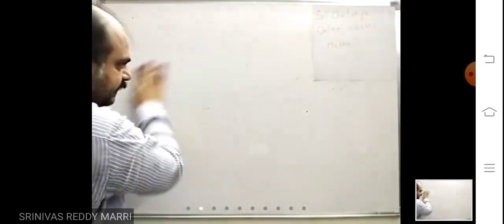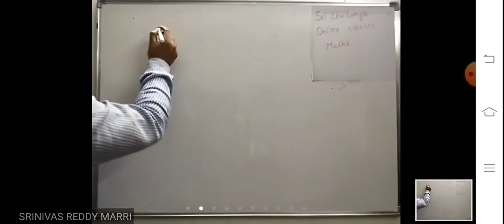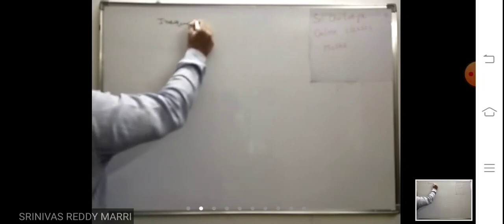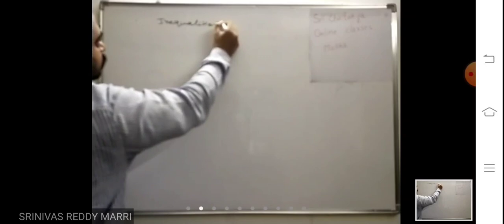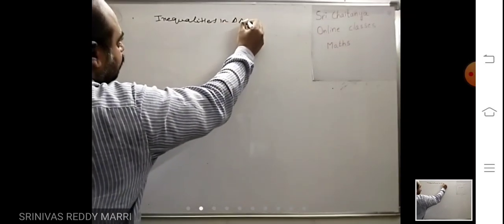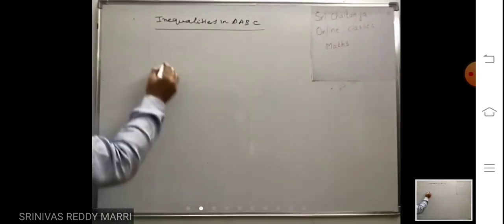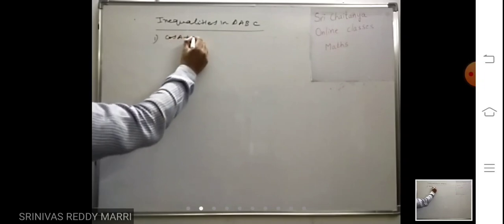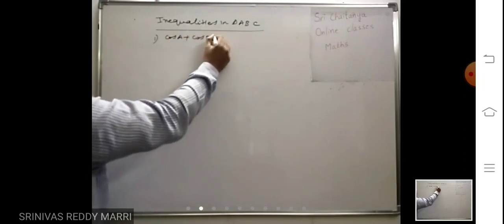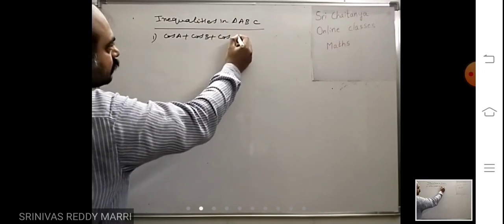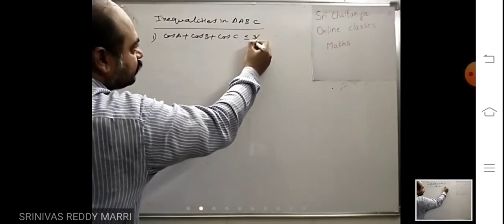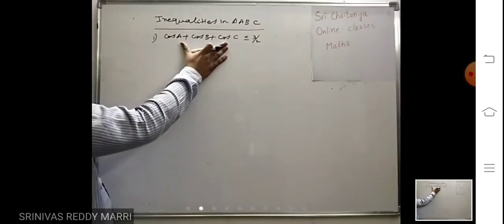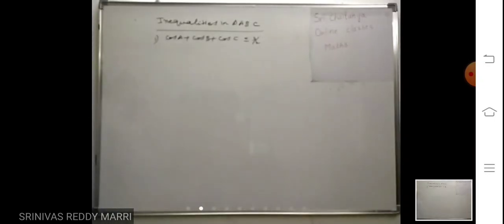Look at next. There are some inequalities. In triangle ABC, the first inequality is: in any triangle ABC, cos A plus cos B plus cos C is less than or equal to 3 by 2.